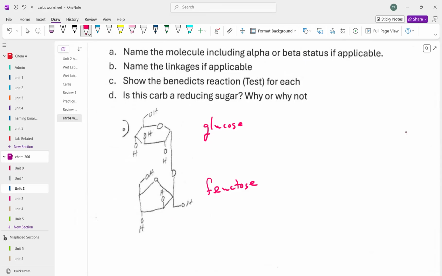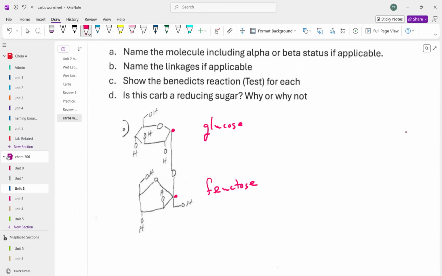Now, this is neither alpha or beta because the anomeric carbons are not hemiacetals, they're both full-blown either ketal or acetal.